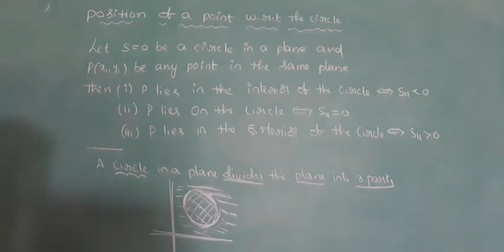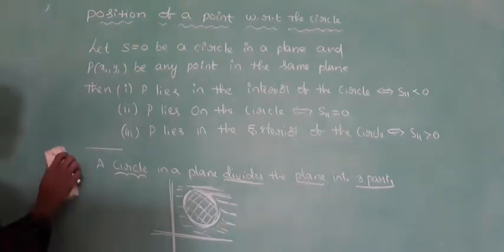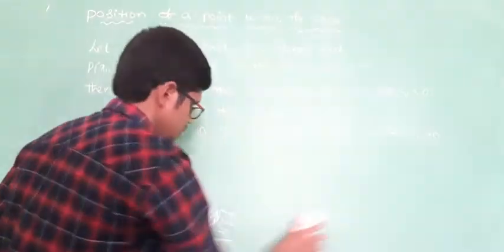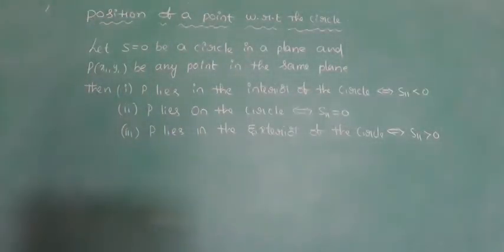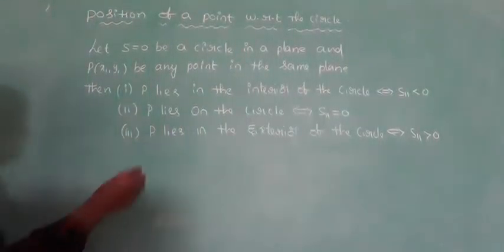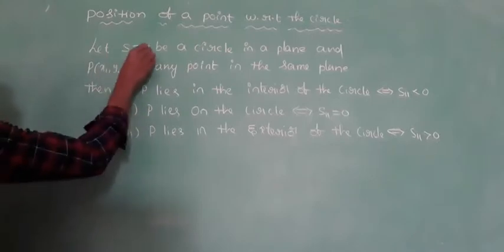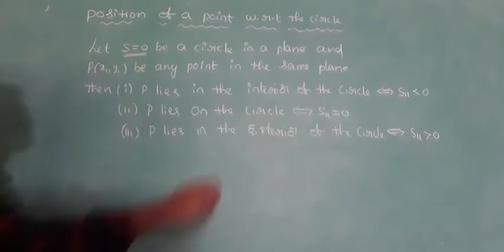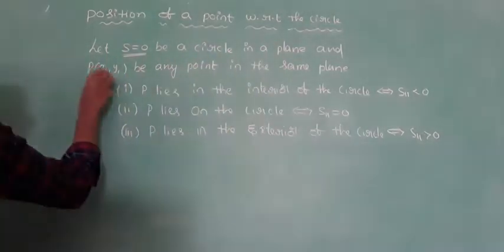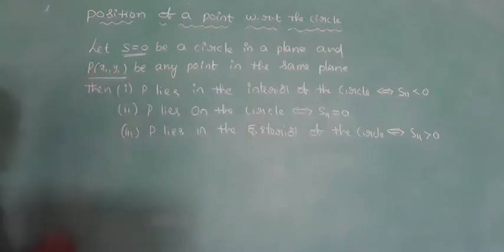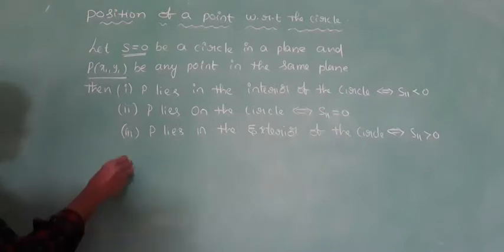Based on this we have to find the position of the point. So how do we find it? Let S equal to 0 be a circle in a plane, and P(x1, y1) be any point on the same plane. We want to know whether it is interior, exterior, or on the circle. So let us discuss.